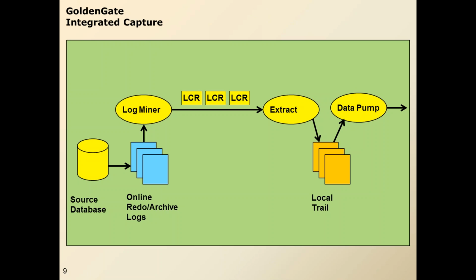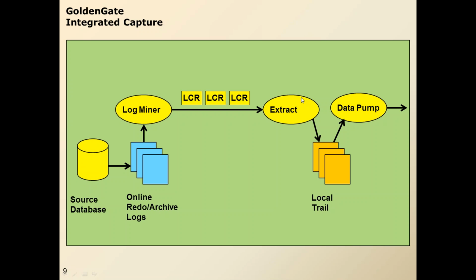So the difference between classic and integrated is that in the classic one, the extract was reading the transactional logs directly. In the integrated one, the LogMiner database is in between, which has the same changes that redo logs or archive logs have, and then LogMiner passes on those changes to the extract process.